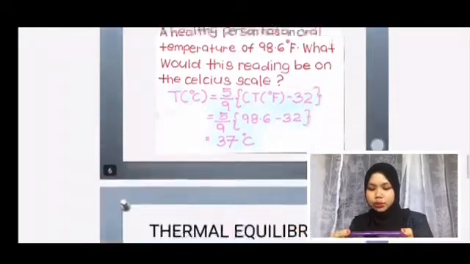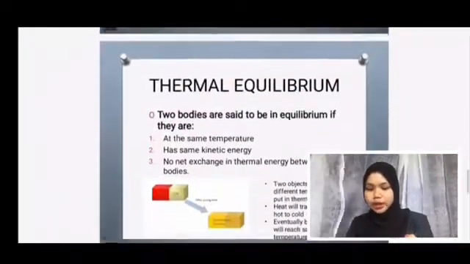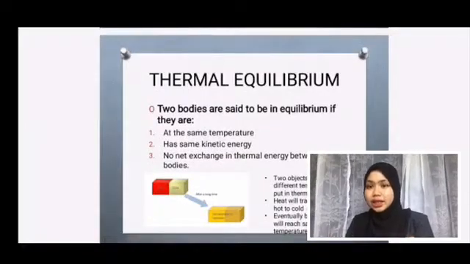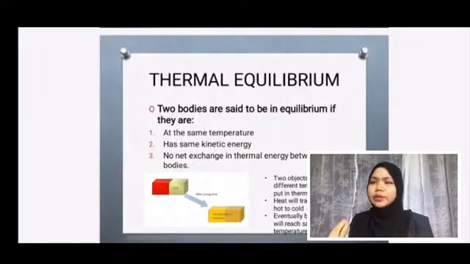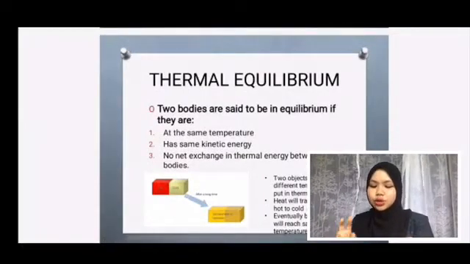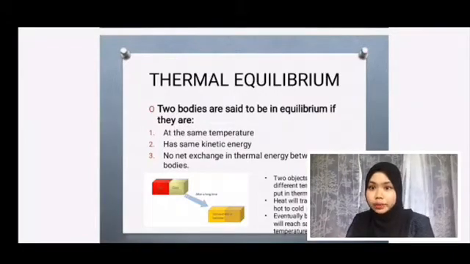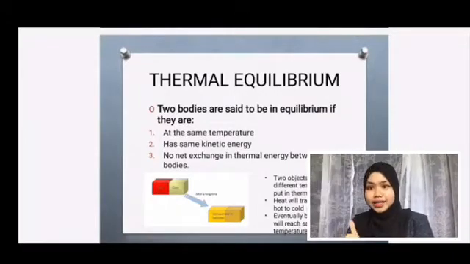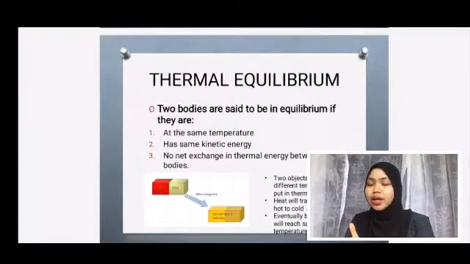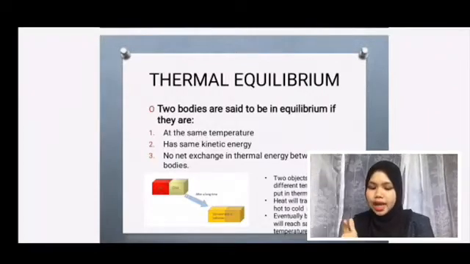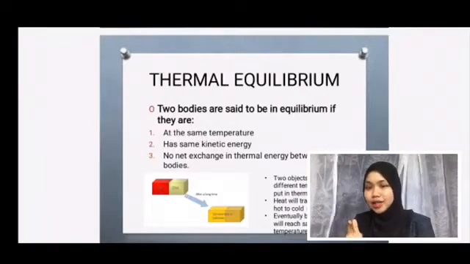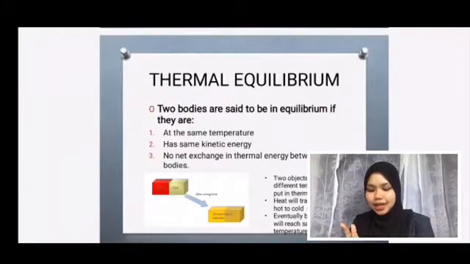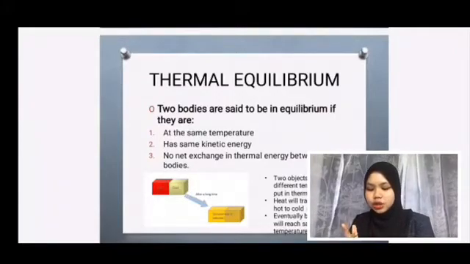So let's move to thermal equilibrium. So what is actually thermal equilibrium? Equilibrium is a state that is at rest. Two bodies are said to be in equilibrium if they are at the same temperature, or constant temperature, have the same kinetic energy, constant kinetic energy, and lastly no exchange of thermal energy between the two bodies.